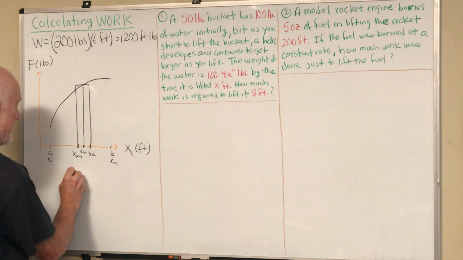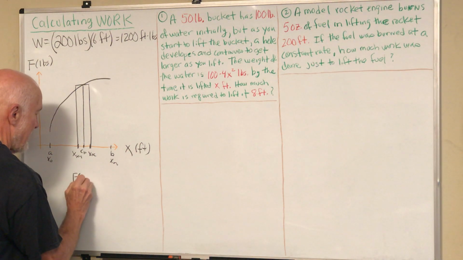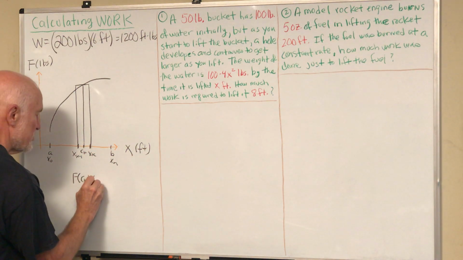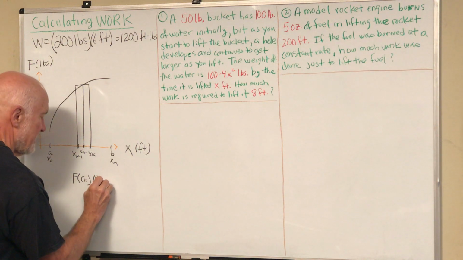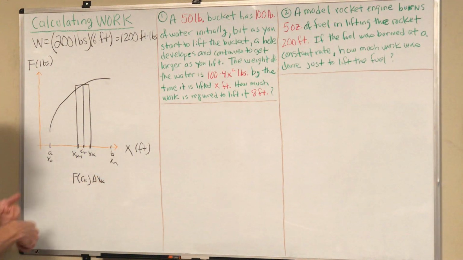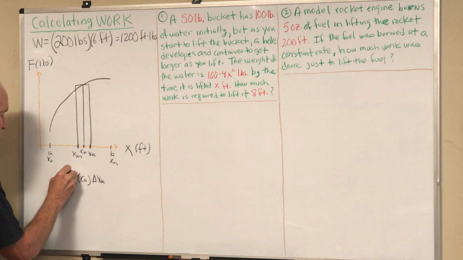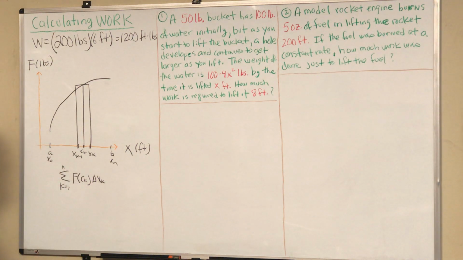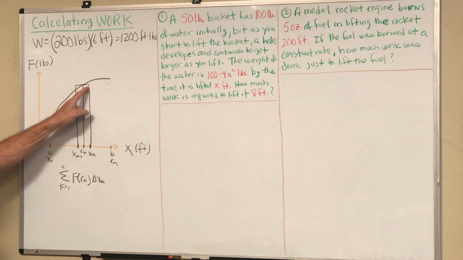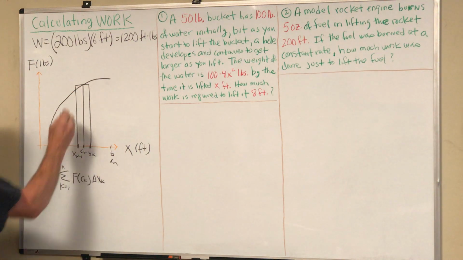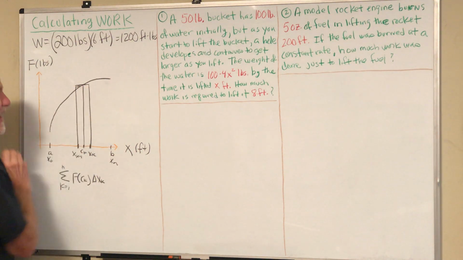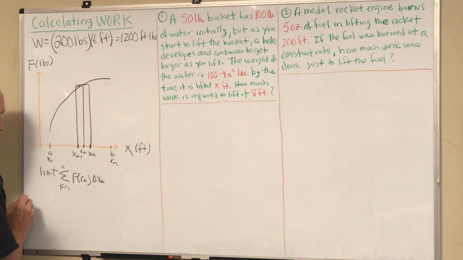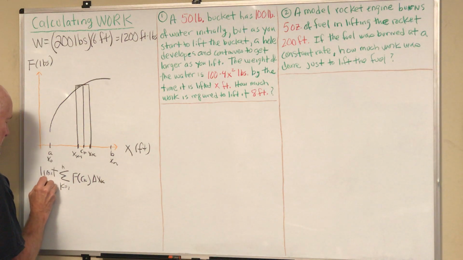So what it's going to be is f of c sub k times the change in position, which is delta x sub k. But I've got n of these changes in position, so I'm going to sum them up from k equals 1 to n. But since that force wasn't the same this whole time, and there's going to be a little error, we take the limit as n approaches infinity.